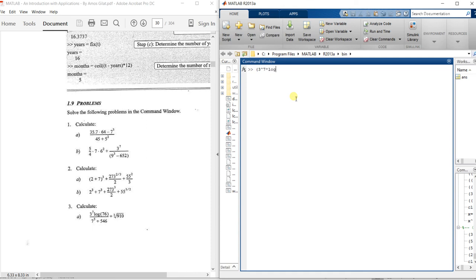We know log base 10 and log base e; it is the log base e form, so we simply use log of 76. Close the bracket, the numerator is finished, so close the curved bracket and divide with 7 to the power 3 plus 546. It is one argument.